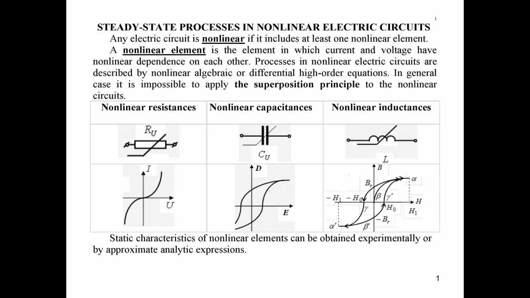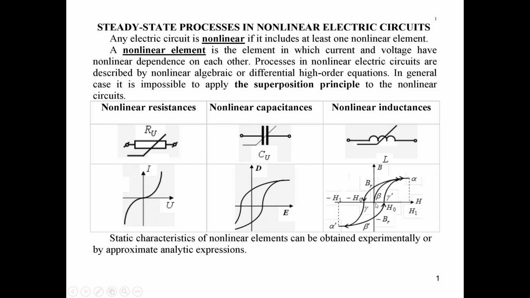These materials have this dependence of C, or of D, on the level of applied potential U, or the connected electric field intensity E. And here is a nonlinear inductance. It is depicted in such a way. Here we have the dependence of magnetic induction on the applied magnetic field intensity.